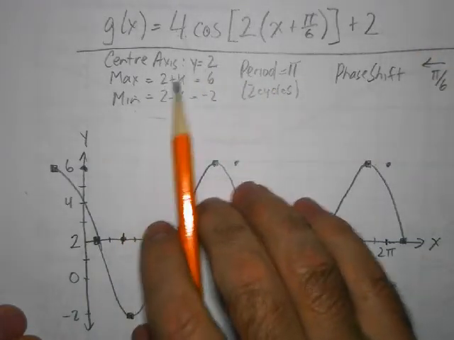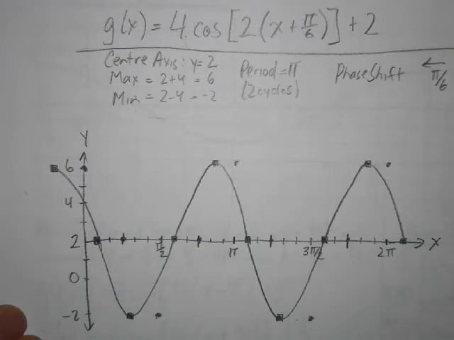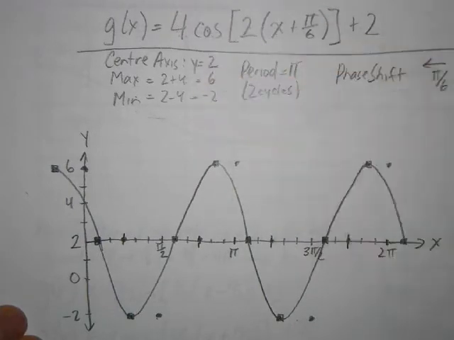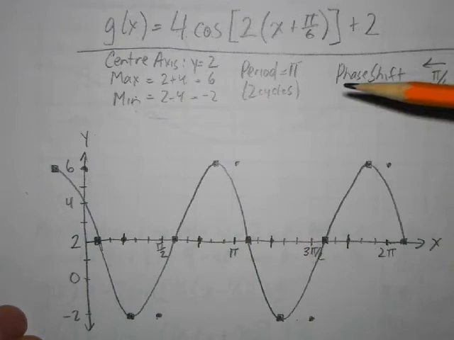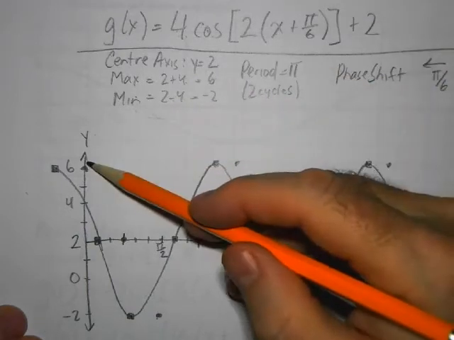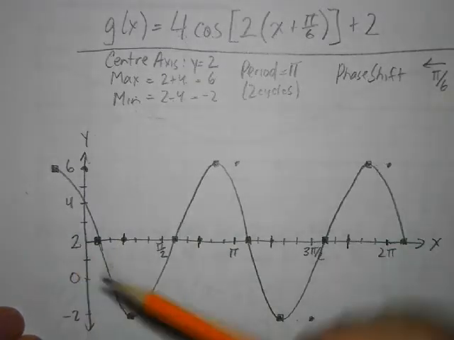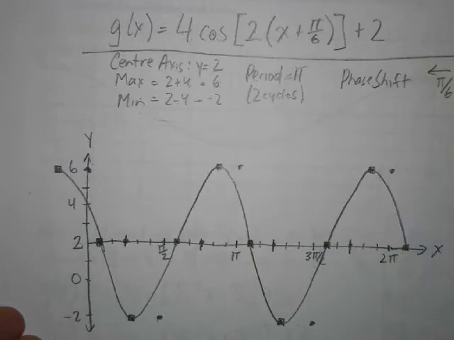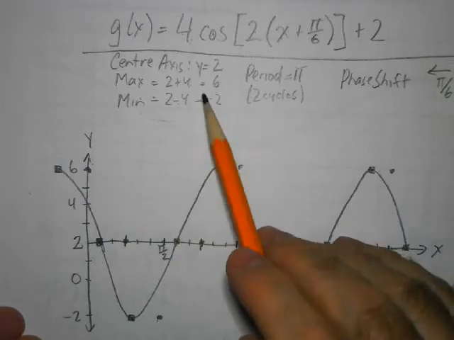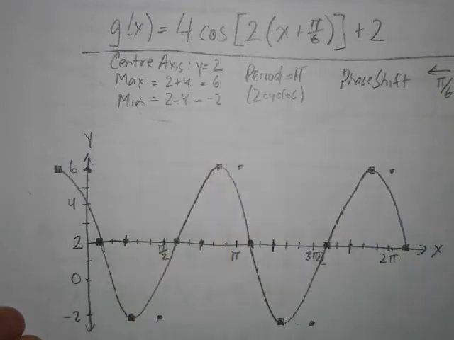The maximum is c plus the amplitude, 2 plus 4, and the minimum is 2 minus the amplitude. So you know 6 and negative 2 are your max and your min, and the 2 is your center axis. So fill those in. Okay, and it always works out really nicely. You're not guessing and getting it wrong.